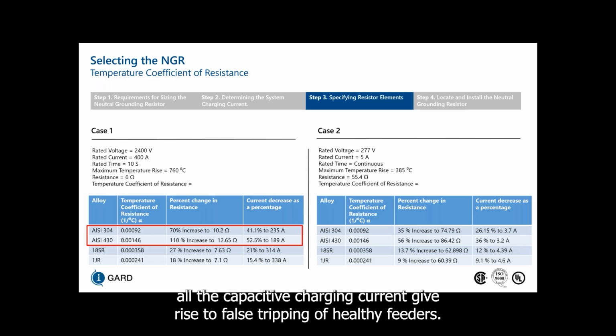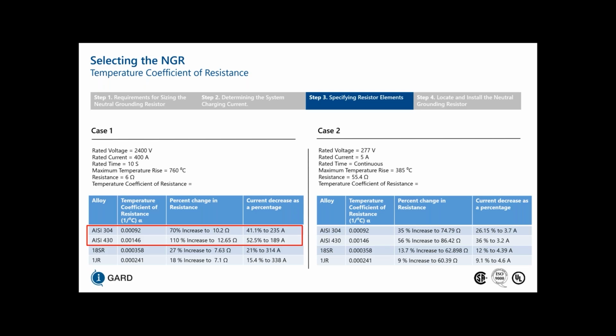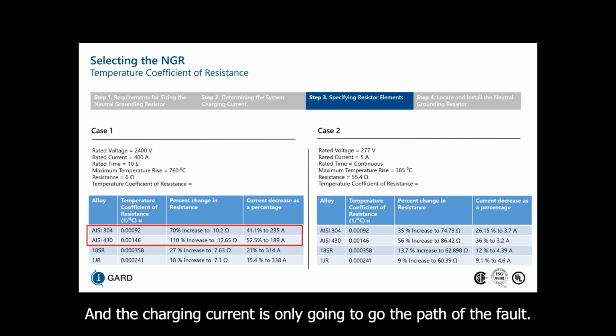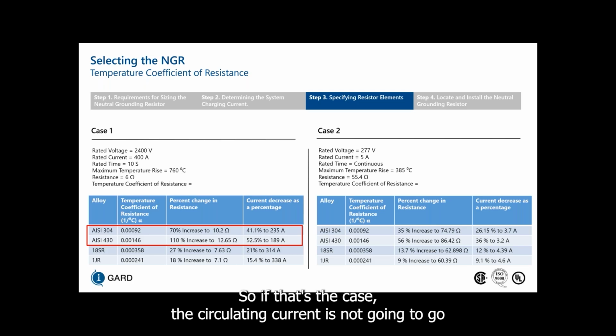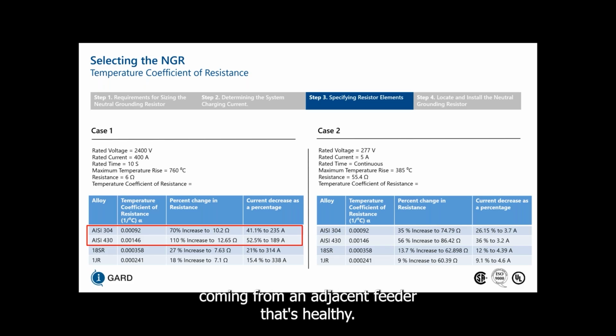How does the capacitive charging current give rise to false tripping of healthy feeders? I don't think that's what will occur. The charging current is only going to go to the path of the fault. So the circulating current is not going to go all through just the capacitive charging current coming from an adjacent feeder that's healthy.